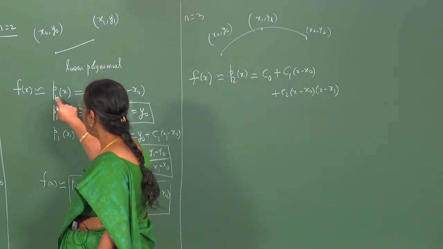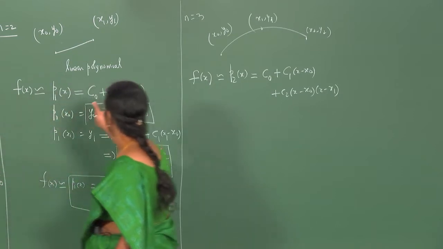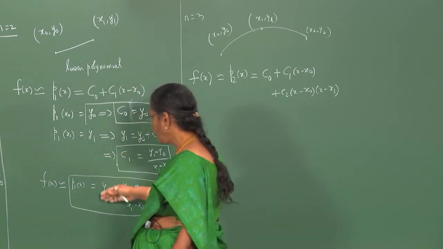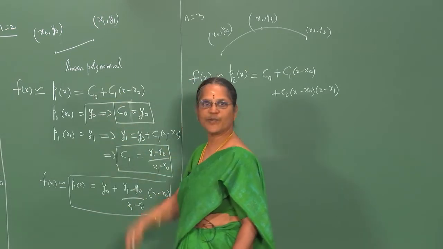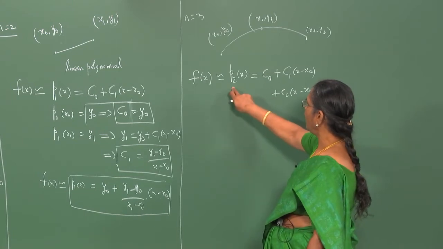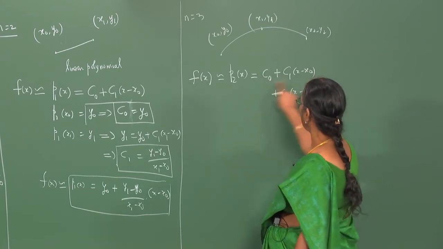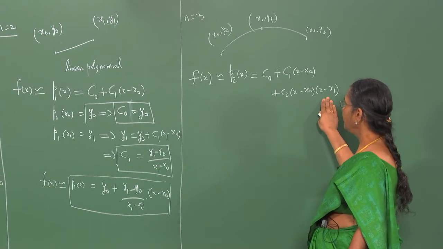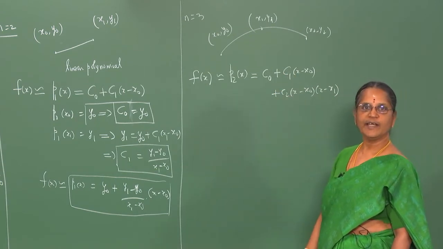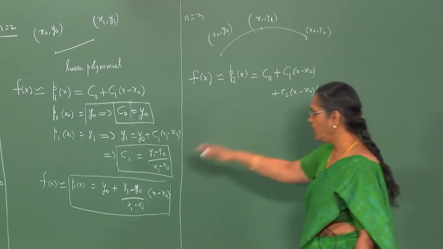To get p1 of x from p naught of x, which is c naught, I added this term and I am able to show that this p1 of x satisfies my requirement. Now, to get p2 of x, I add to p1 of x a term, so that I am going to show that p2 of x is going to satisfy the properties that we want.